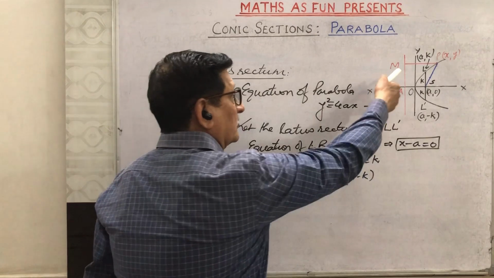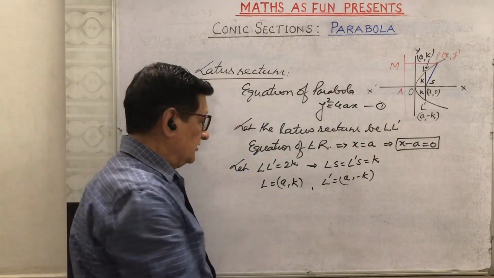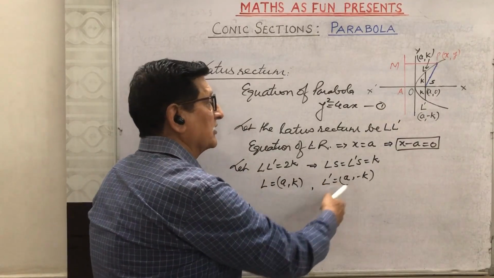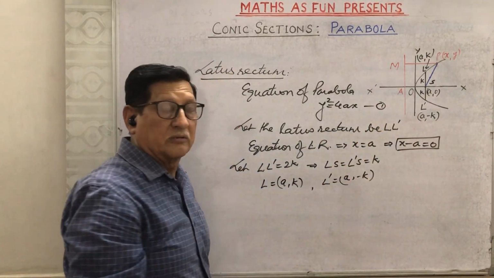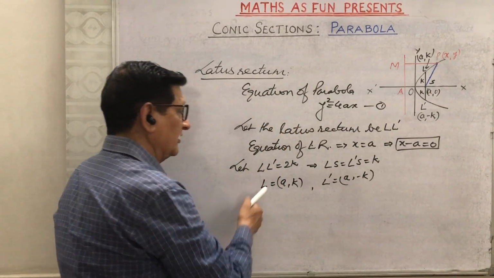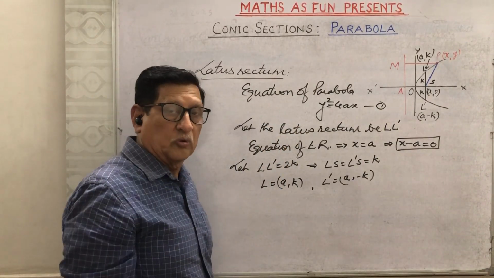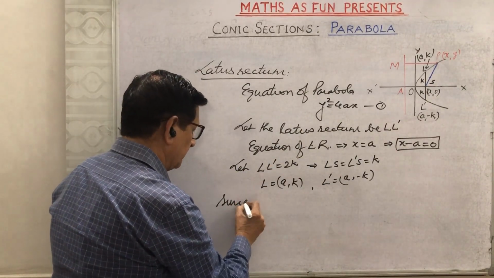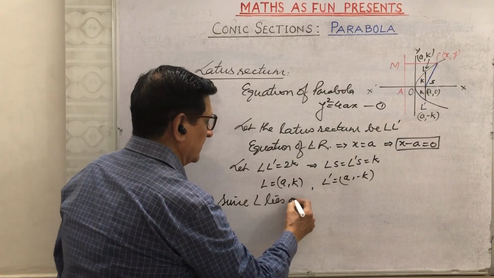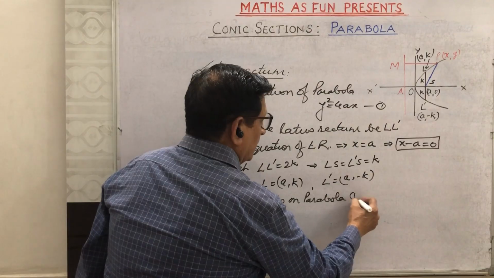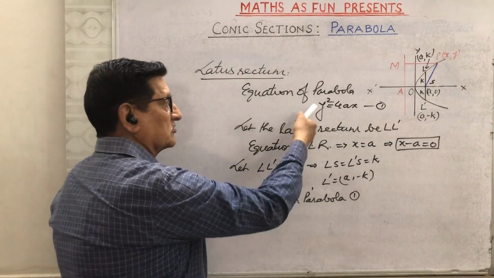We have to find out the length. Since this point L, that is a comma k, and also L dash lie on the parabola, they will satisfy the equation of the parabola. So if we substitute the coordinates of L in this equation, since L lies on parabola 1, it will satisfy it.